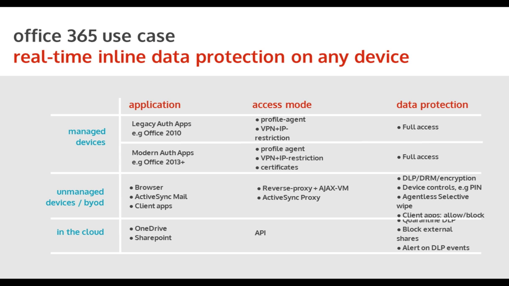Then on unmanaged devices, you basically want a completely agentless solution. For managed devices, it's okay to put agents because you do control the devices. And when you put an agent on a managed device, then you can control things like legacy apps and Outlook 2010, etc.